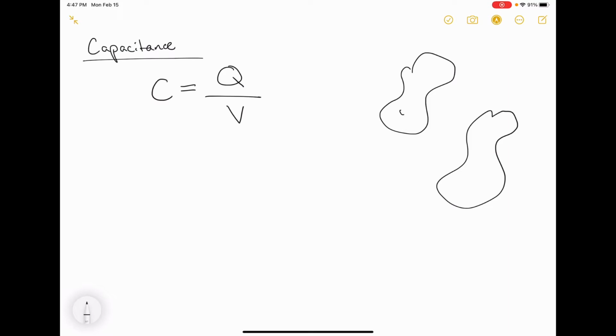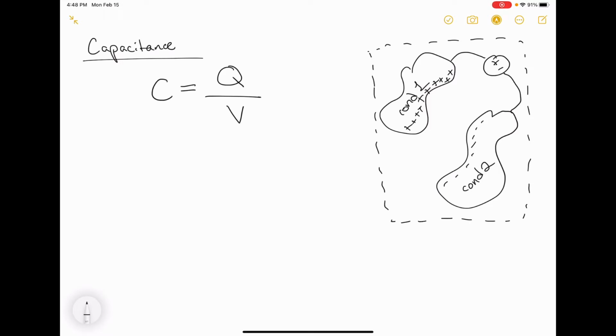So if we have conductor 1 and conductor 2, and there's some voltage applied across them, then this structure can be said to have a capacitance if we look at how much charge builds up on these conductors. And as you might gather from this picture, this definition is general and doesn't depend on the geometry of the capacitor in any way.